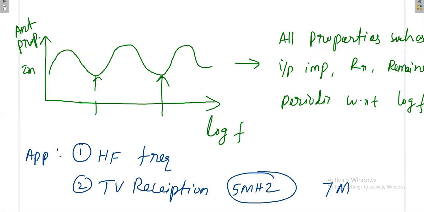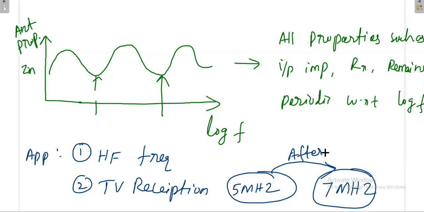After modulation it is around 7 megahertz because of vestigial sideband modulation, which is more than FM but less than 2 FM. That means your antenna has to work around this 7 megahertz. So it is used in TV reception and high frequency communication.